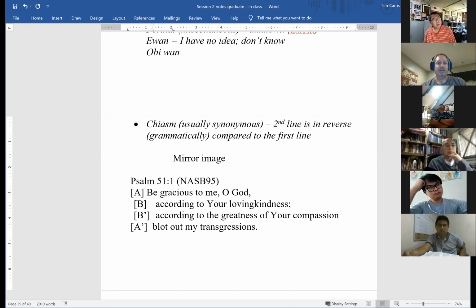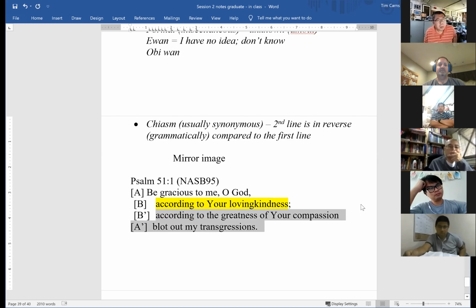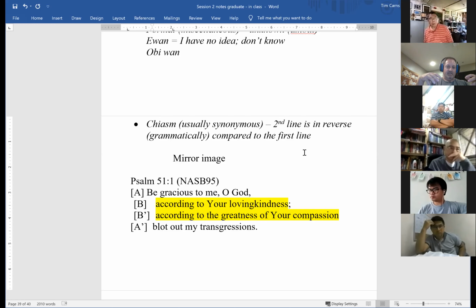And the author does this intentionally because he's focusing attention on the middle, the line that was reversed. So it's a way to emphasize. In verse 1 of Psalm 51, David is emphasizing God's loving kindness and compassion in this prayer that he's making.